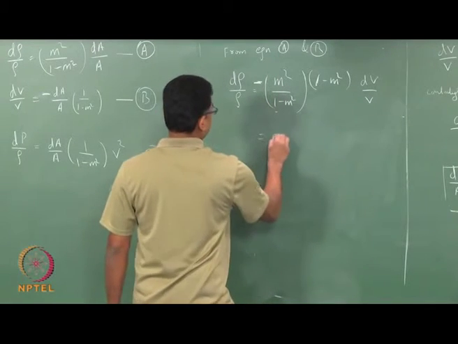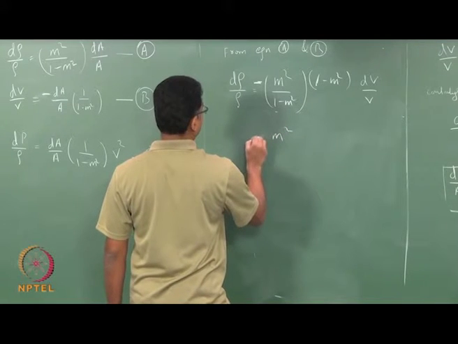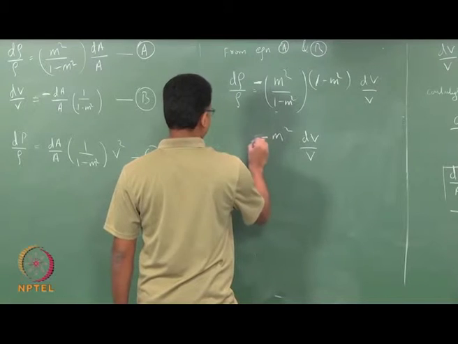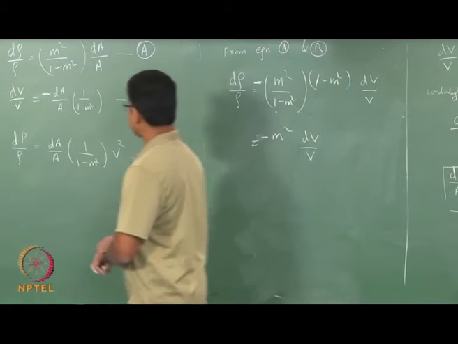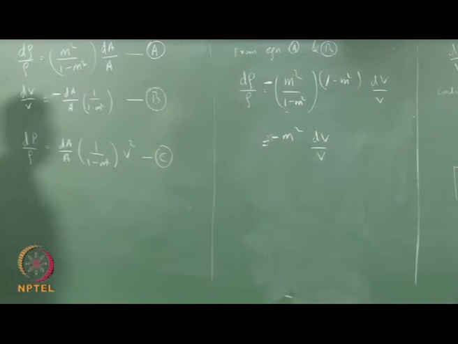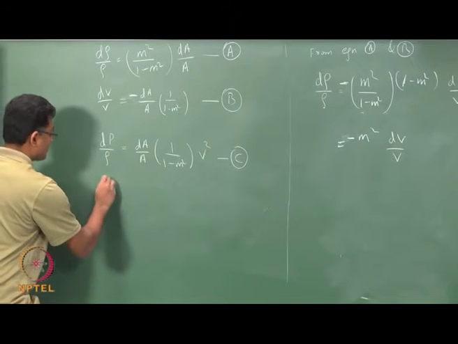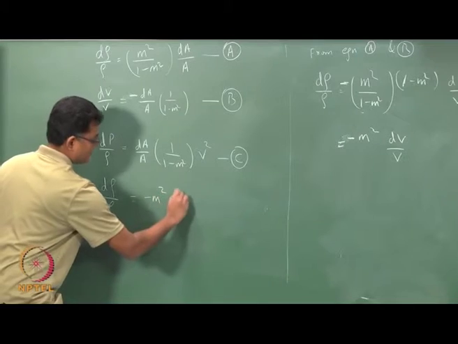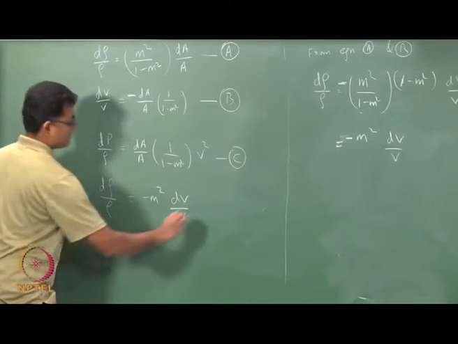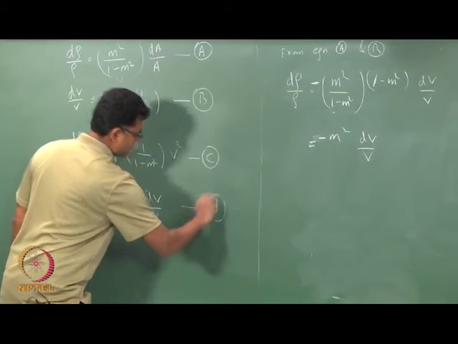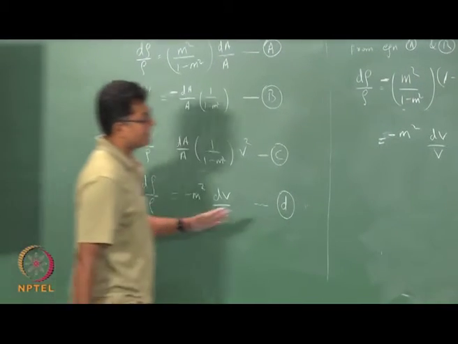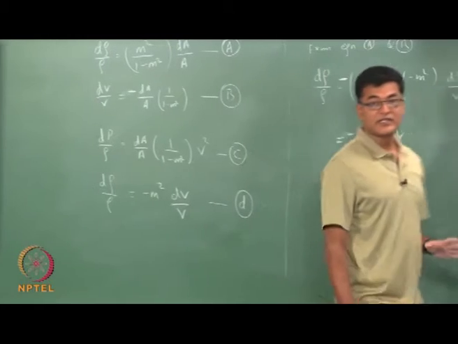So, this is nothing but minus M square dV by V. So, I take that equation here, equation C. So, all we have done here is modify the continuity equation.